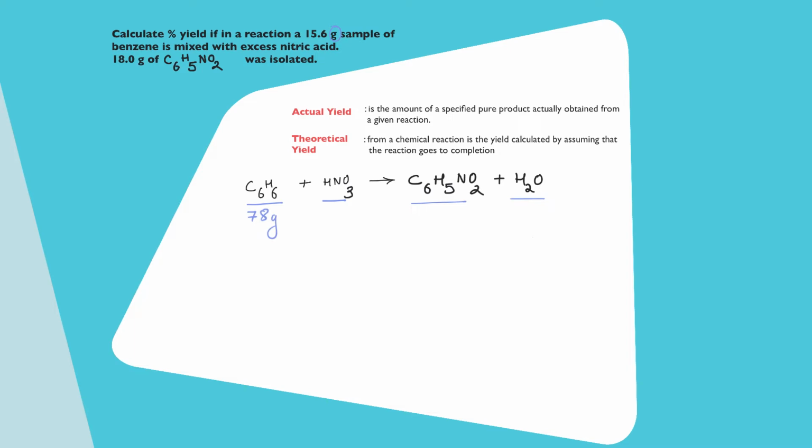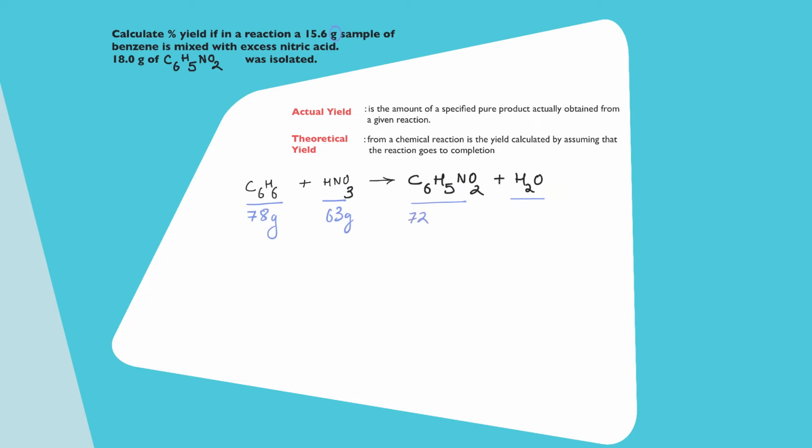HNO3: 1 hydrogen, 14 nitrogen, that's 15, plus 16 times 3, that's 48. That makes 63. Now again C6H5NO2, so be careful here.